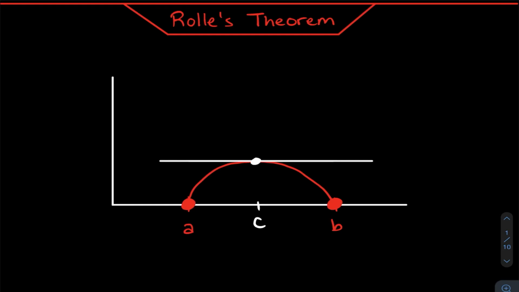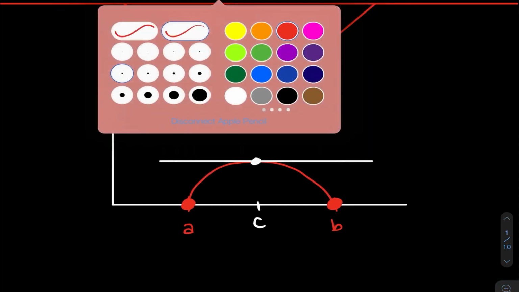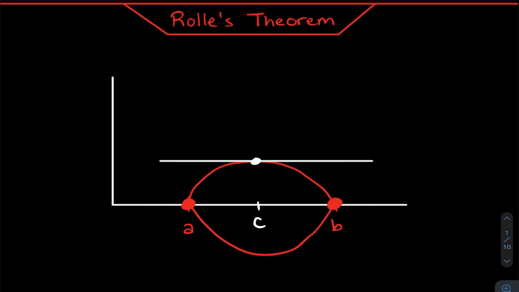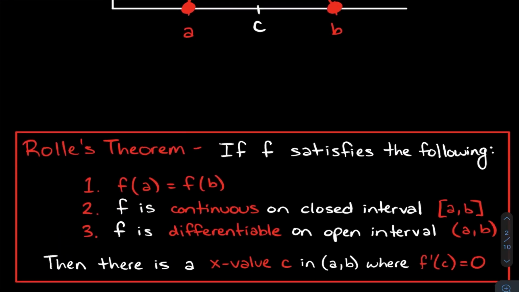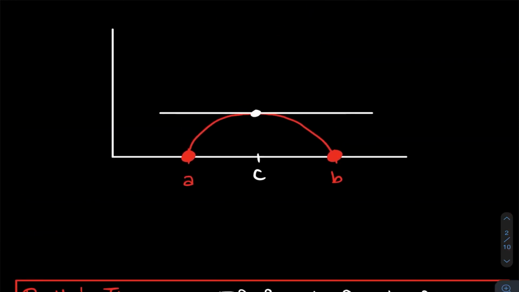Because it has to turn around going from positive slopes to negative slopes, or you could say the exact opposite if the curve went this way, right? But it's got to happen at least once on this curve. And that's not something that only has to happen when you are on the x-axis, right?